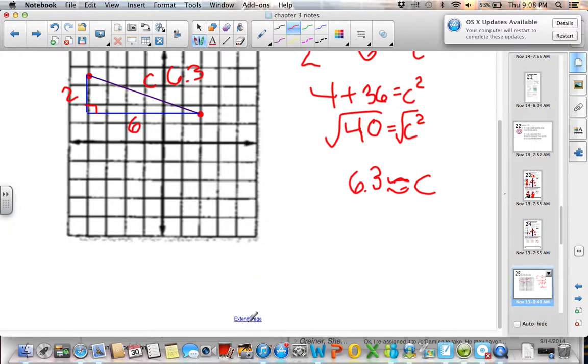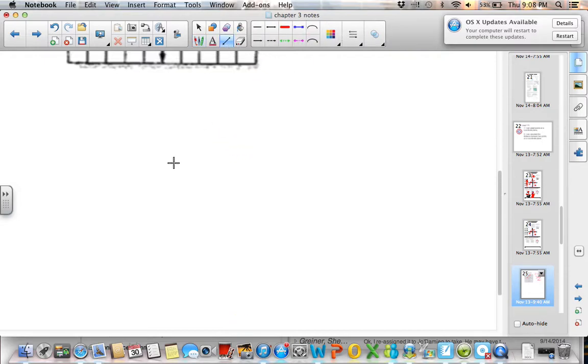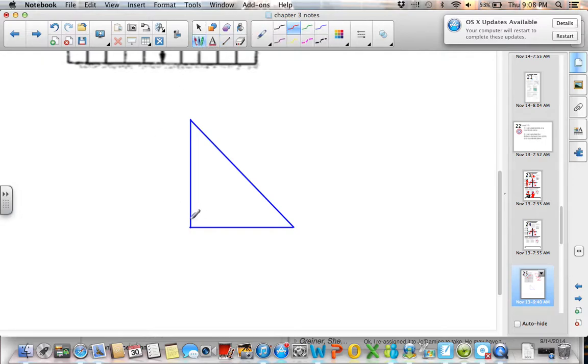Okay, for extra practice, I want you to solve this problem in your notebook. I'm going to make it really quick here. So if we're given a triangle, and it's a right triangle, of course, here's our right triangle.